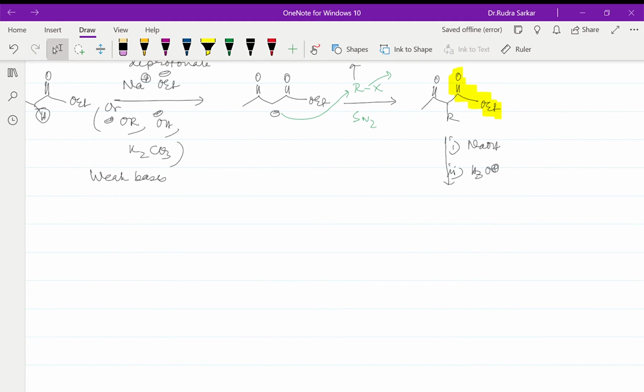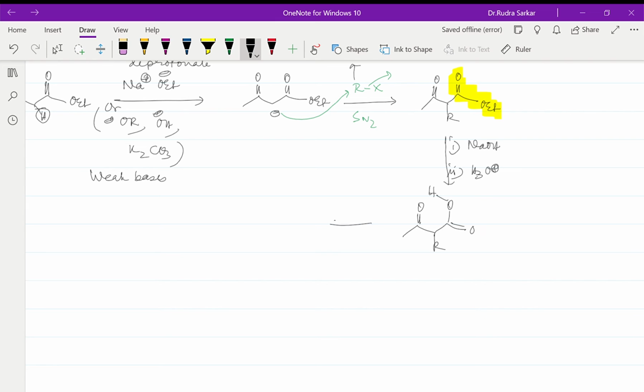This will lead to the formation of the beta keto acid, which is this one. Let us rearrange this.